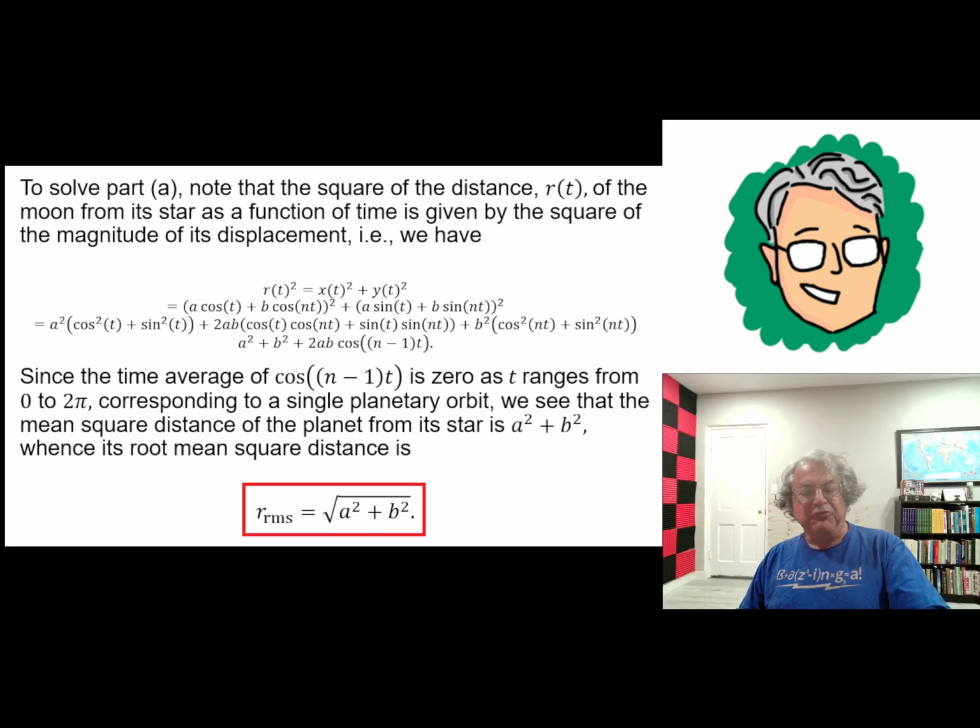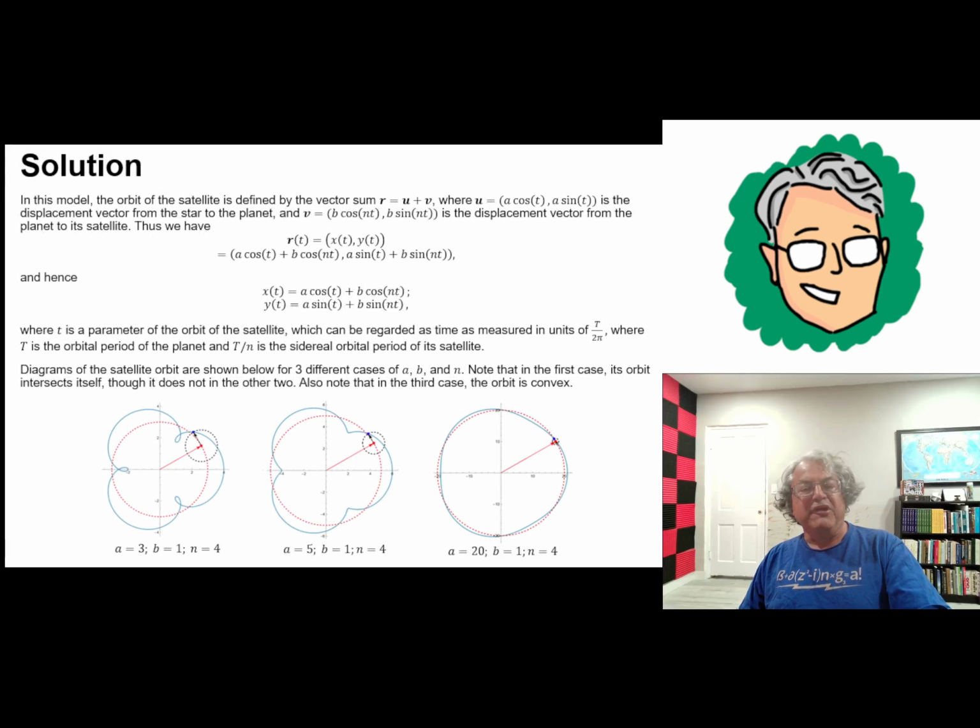I think you can see in the first picture on the left, this is the case where the blue curve intersects itself. The reason it does is because when the satellite is closest to the star, it's actually going in the wrong direction. It's orbiting it clockwise rather than counterclockwise, and that's the only time this can happen.